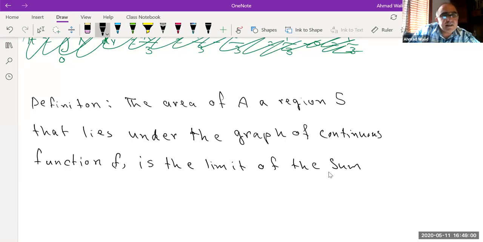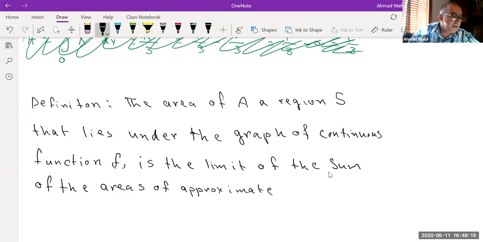of the areas of approximating rectangles. What does it mean? I'll explain it to you. Why does the limit get involved?